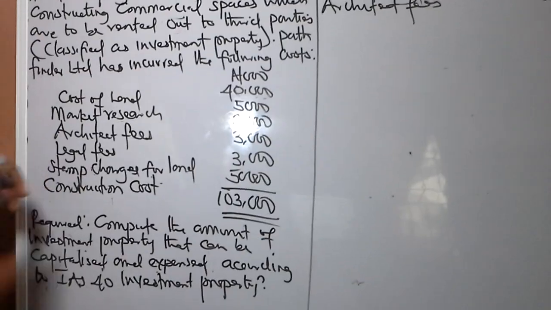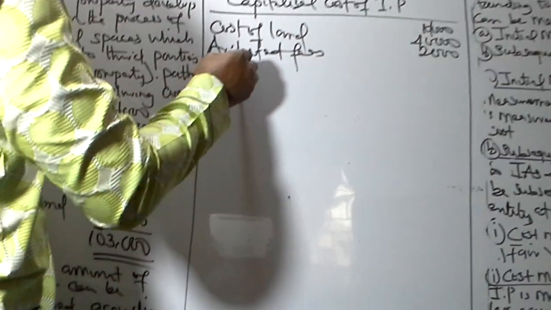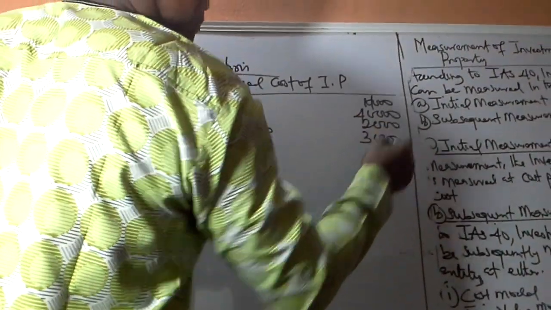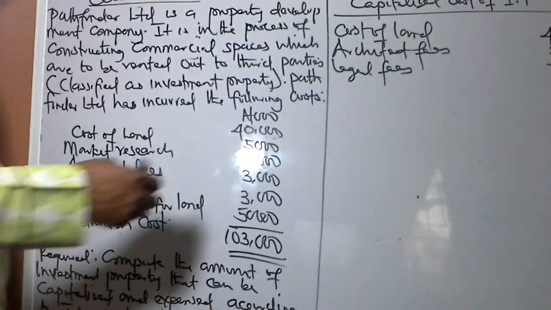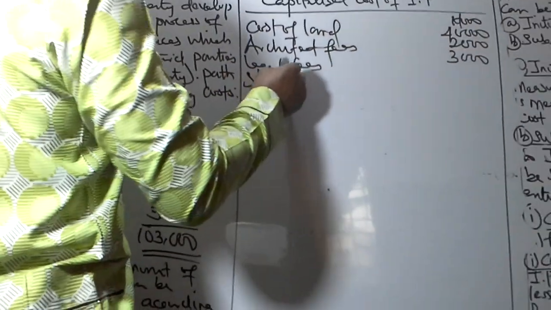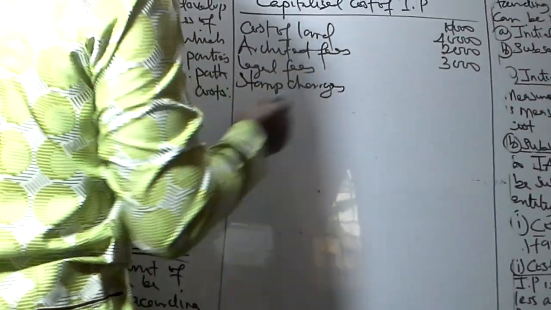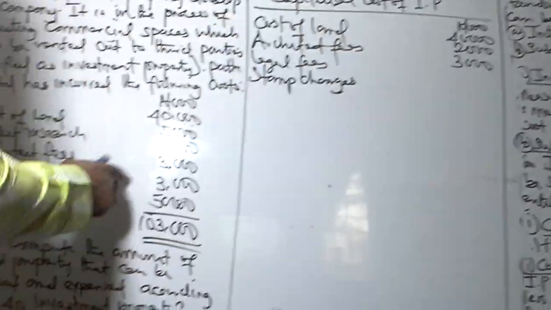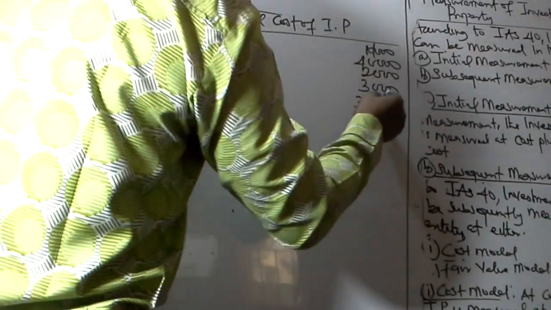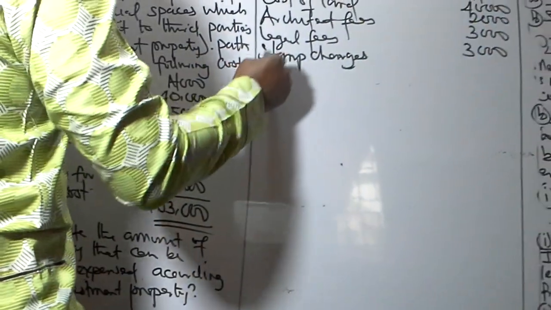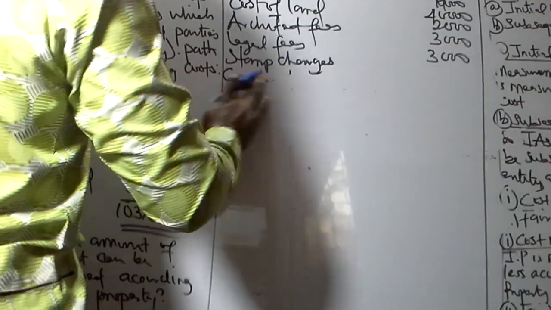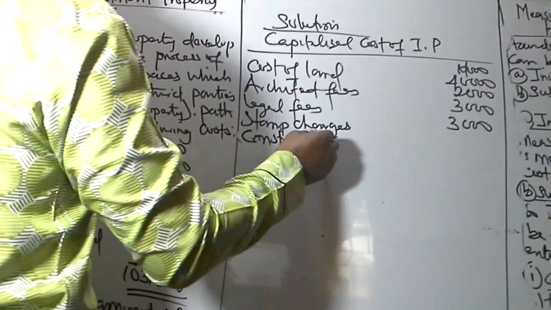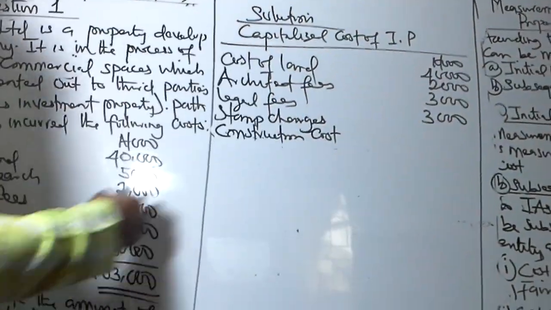Next, legal fees, that is also 3 million. Next, stamp charges, which is 3 million. Next, construction cost, that is 50 million.